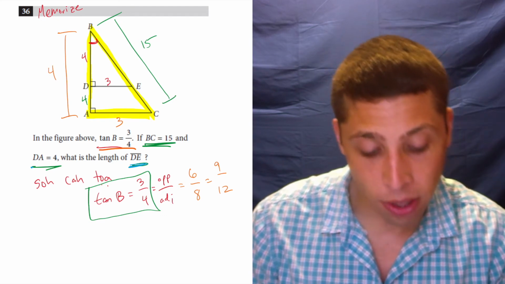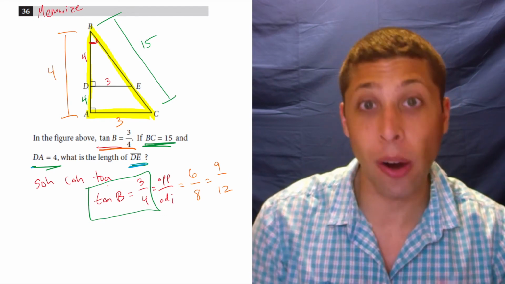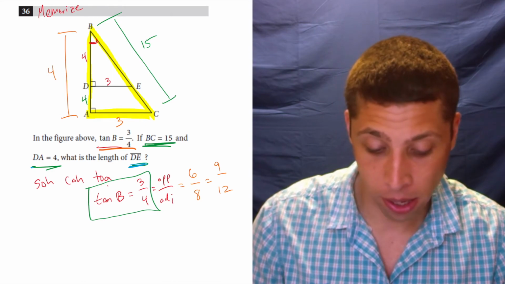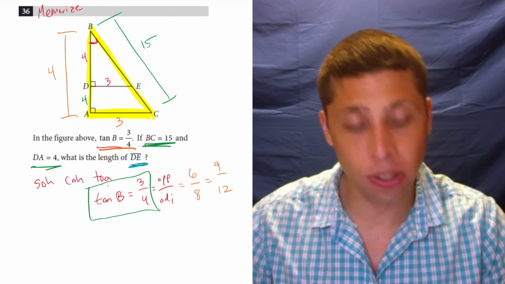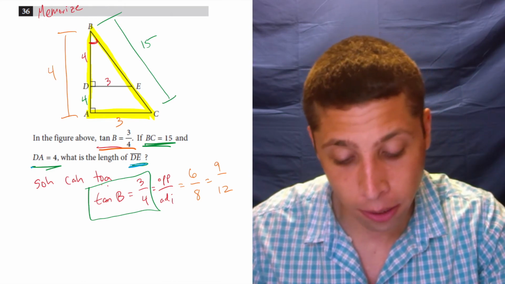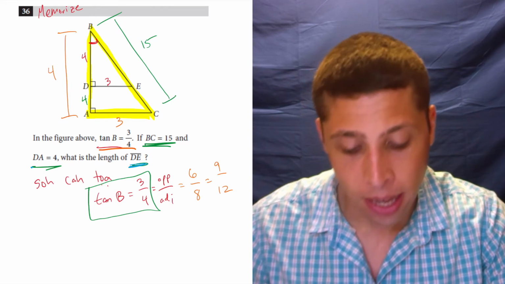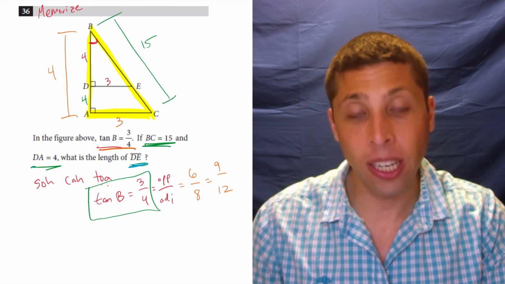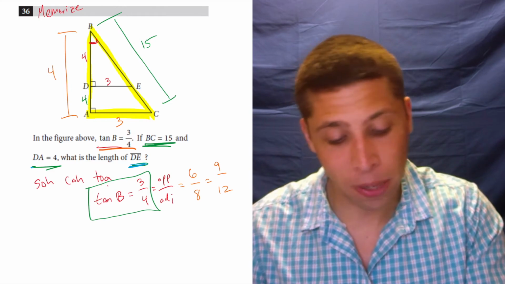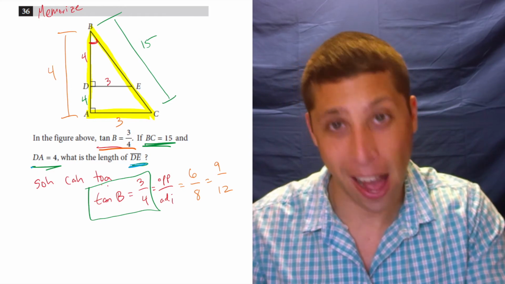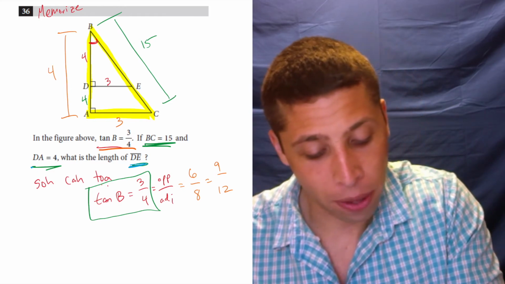And we've got to use this DA and BC to figure out what the actual values are. And we can do that because there's another very convenient thing going on here. And it is that we have 3 and 4, and so the other piece of this is 5. So this is what's called a Pythagorean triple.